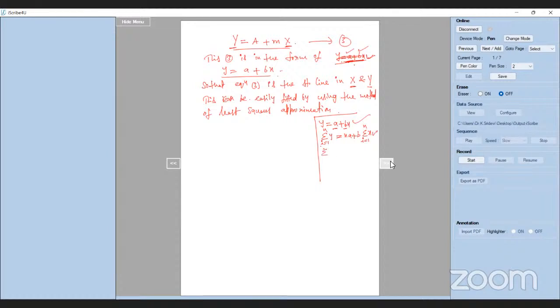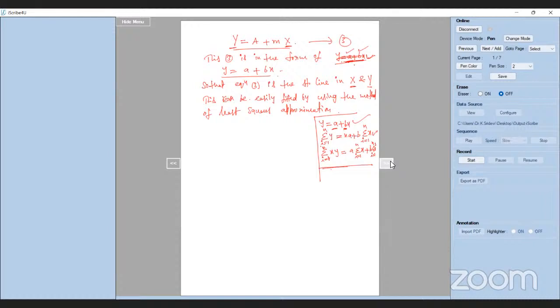And the second normal equation is summation xy, i equal to 1 to n, is equal to a summation x plus b summation x square, i equal to 1 to n. Here we have two parameters. To find the values of these two parameters A and B, obviously we need two equations. If there are two equations in A and B, then only we can find the values of A and B. That is why we have two normal equations.